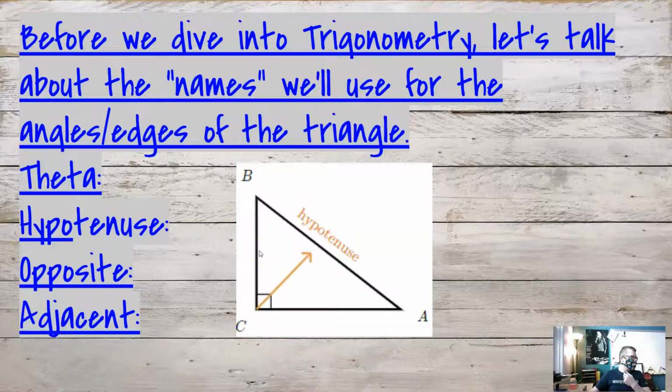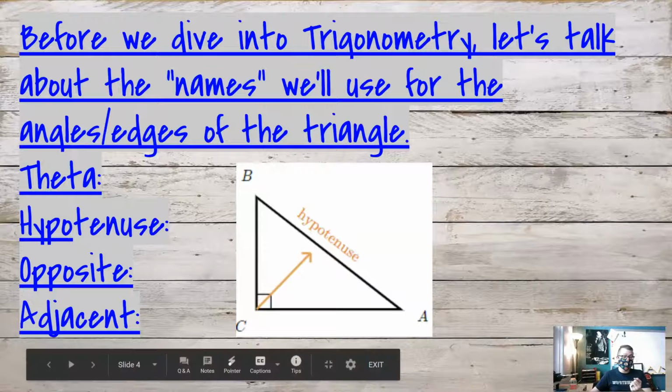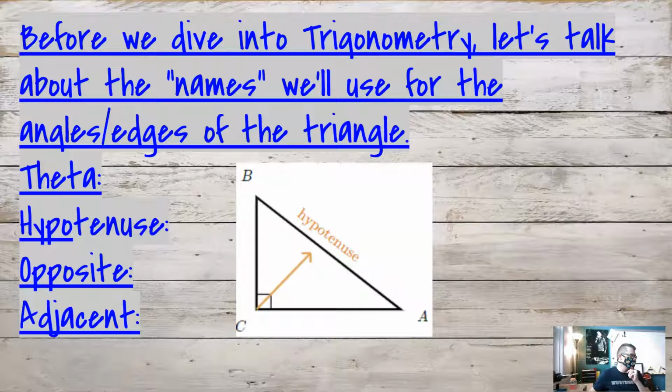Do you guys remember why hypotenuse is called hypotenuse? Do you remember from stems what hypo means? If you are hypothermic, is your body temperature warmer or lower than it should be?